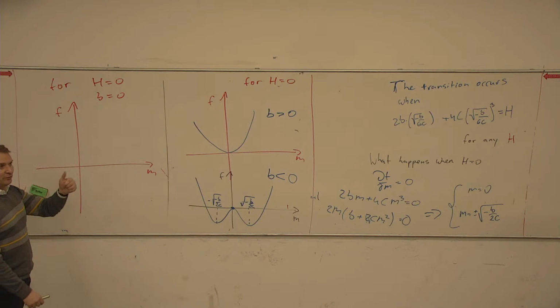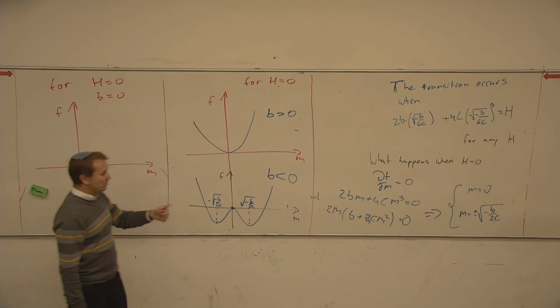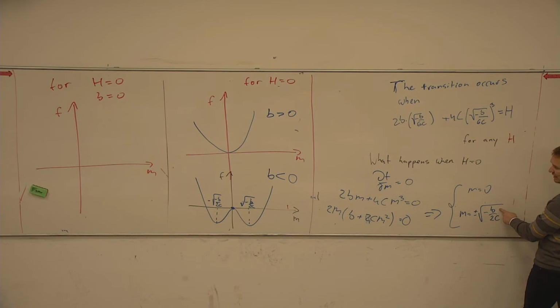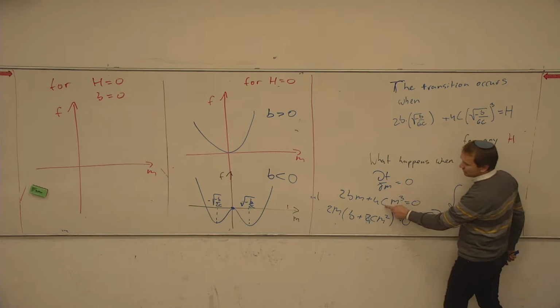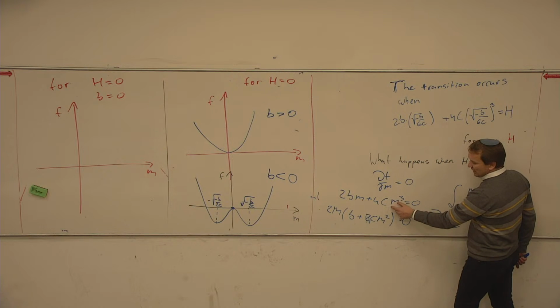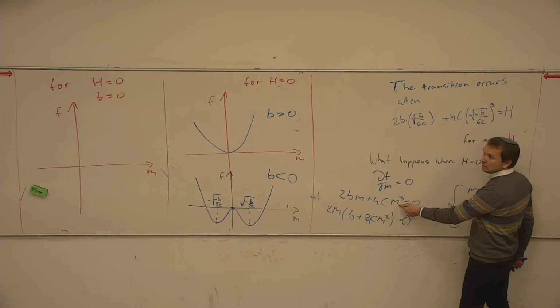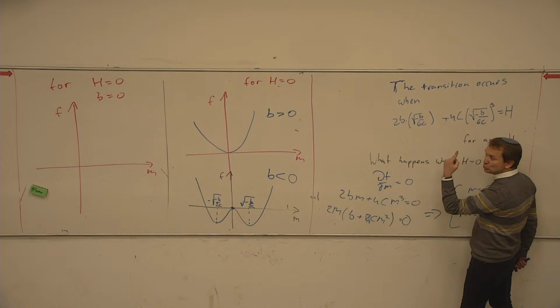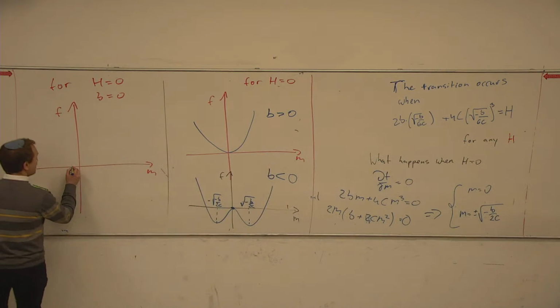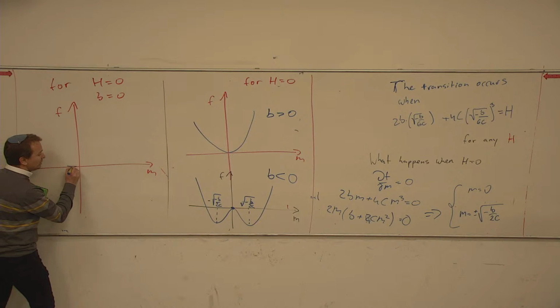Why? Because the first derivative is 0. But when b equals exactly 0, let's see what happens over here. So m equals only 0. We take another derivative. We still only have one solution, m equals 0.